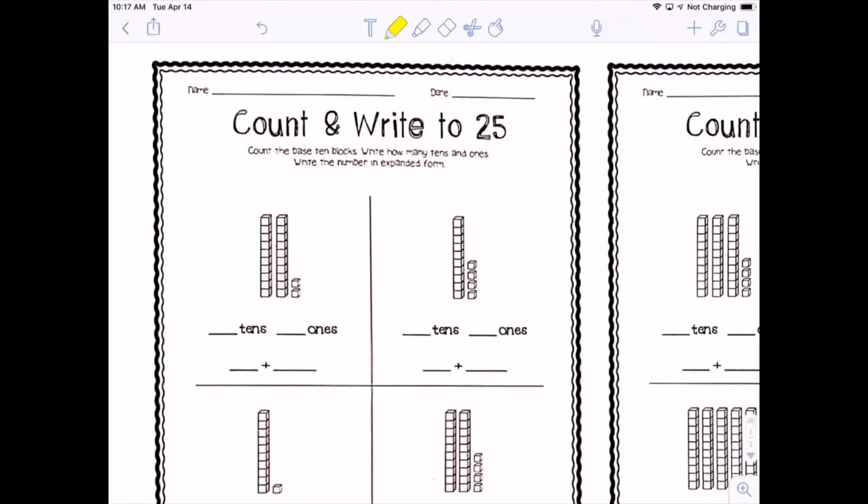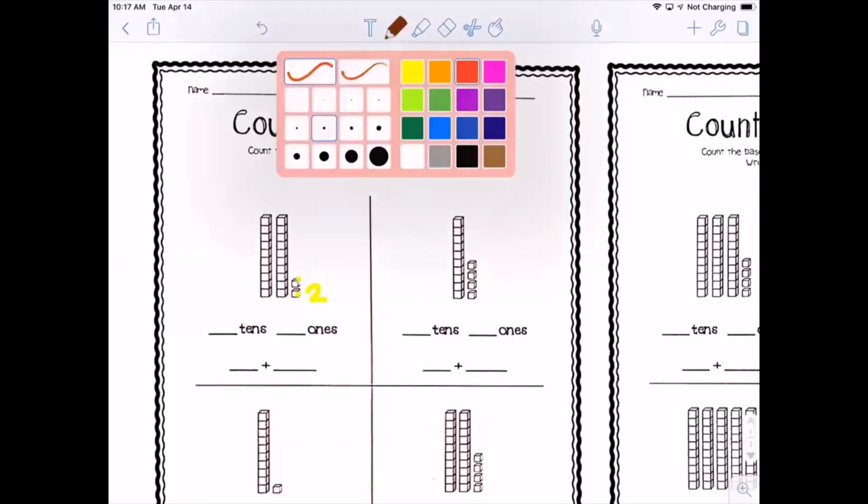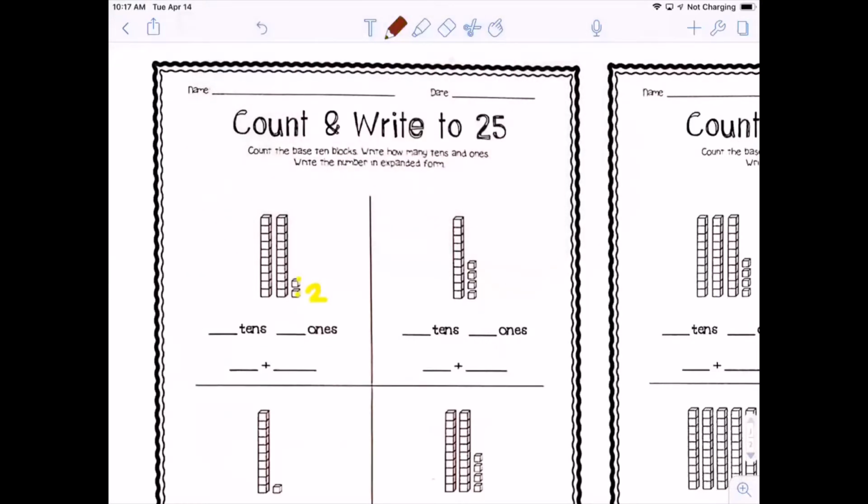Okay, we have 1, 2. So I write 2 right there. I have 2 ones. Now I'm going to count and see if there are 10 on the rods right there. I will be changing the color to red because that's the one we use for the tens place. 1, 2, 3, 4, 5, 6, 7, 8, 9, 10.